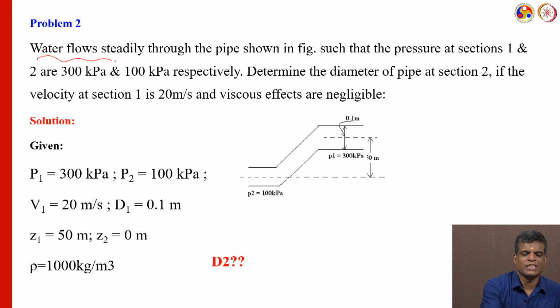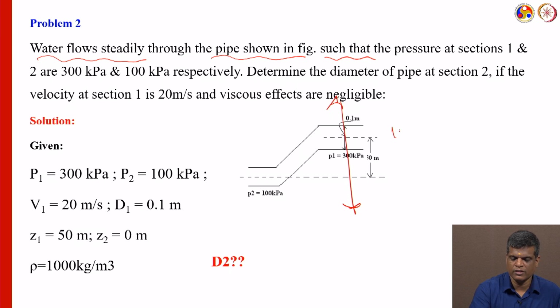Water flows steadily through the pipe shown in the figure, such that the pressures at section 1 and section 2 are 300 kilopascal and 100 kilopascal respectively. Here this is P2, 100 kilopascal, and pressure 1 is 300 kilopascal.